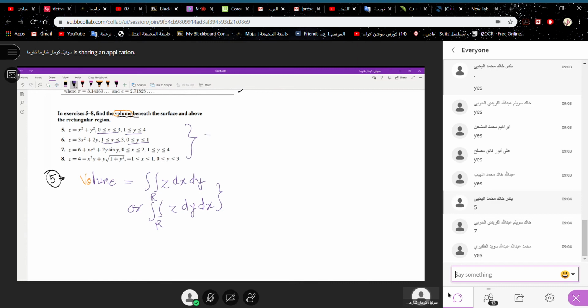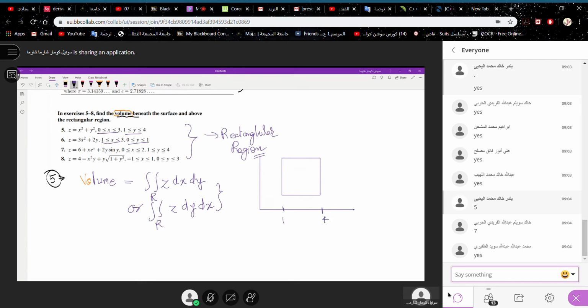This is over the rectangular region. Rectangular region means this.